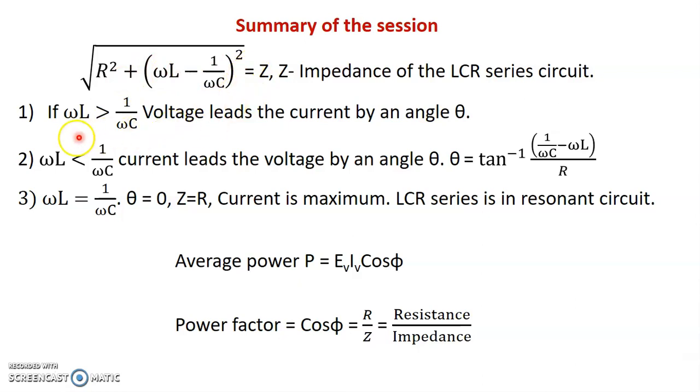In special cases, when ωL is greater than 1/ωC, voltage leads the current, whereas when ωL is less than 1/ωC, current leads the voltage, and when ωL is equal to 1/ωC, theta is equal to 0 and current becomes maximum. The average power is P = E_V I_V cos phi, and the power factor is given by cos phi = R over Z, resistance over impedance.